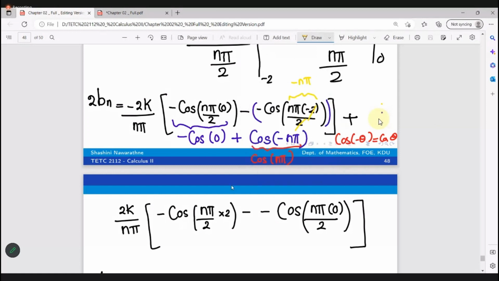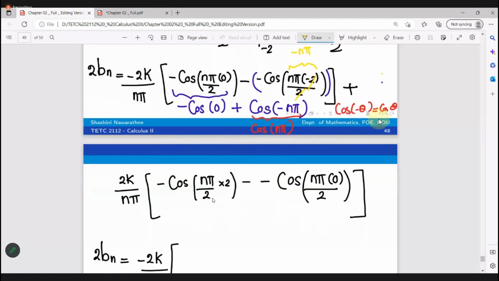So then let's move to the next part. Here this 2 to this 2 cancel out. So what is the remaining part? Minus cosine n phi. And this minus times minus plus, here n phi times 0 over 2. What remains? Cos 0.